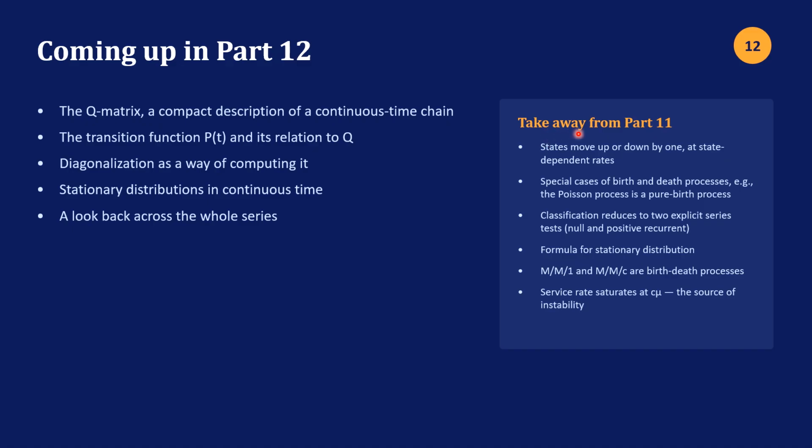Some takeaways from this lesson. In a birth-death process, states move up or down by 1 at state-dependent rates. We looked at some special cases of birth and death processes. For example, the Poisson process only has arrivals, so it's a pure birth process. Then we did some classification of the recurrent, and we had null and positive recurrent, and we had equations for determining those.